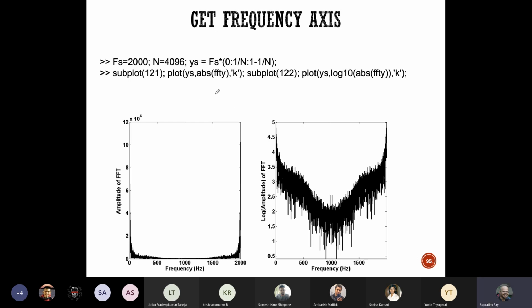In fact, the easier thing to think of is that YS is just 0 to n minus 1, these are your 0 to 4095, divided by n and multiplied by Fs, which is 2000. So this will make sure that these samples are between 0 and Fs minus Fs by n. Is this scaling factor fine, or are there questions here?